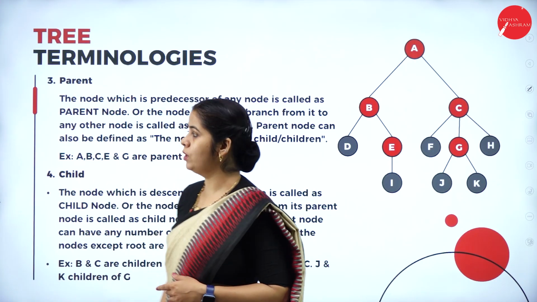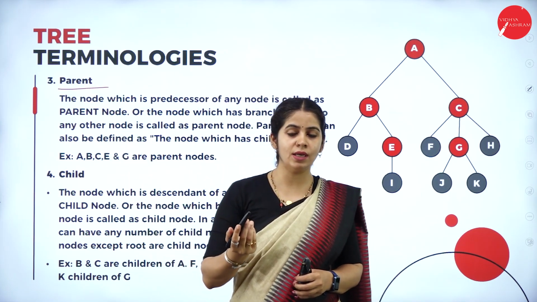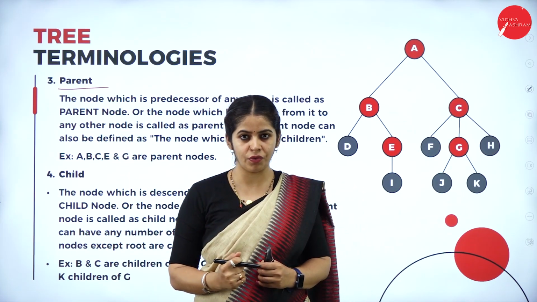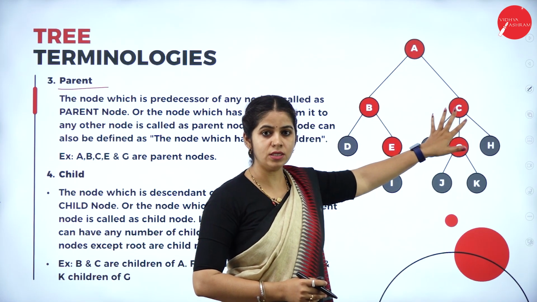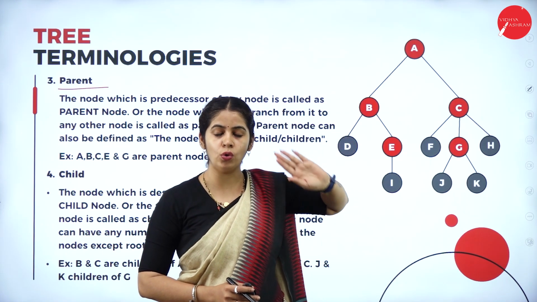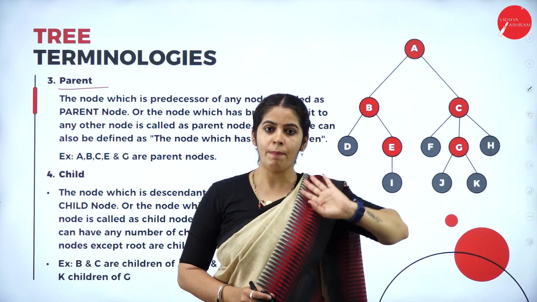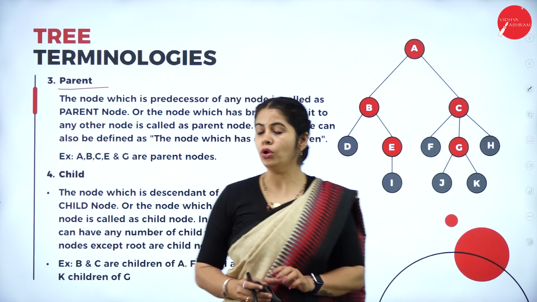Then the next terminology we have is parent. Who is a parent? A parent is one who has children, right? So obviously the root has children, so it is a parent node also. The root node can also be a parent node, but not all parent nodes can be the root node.